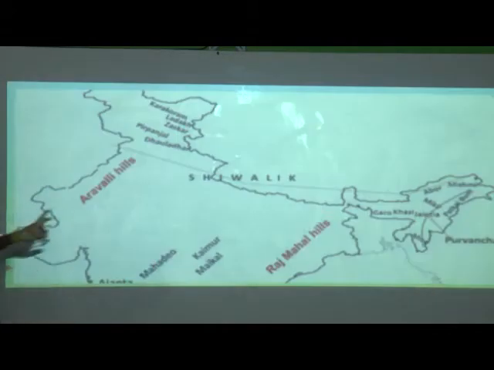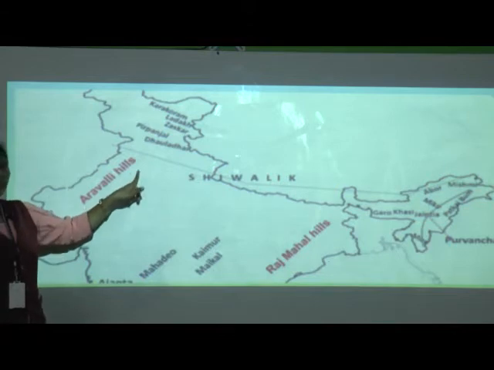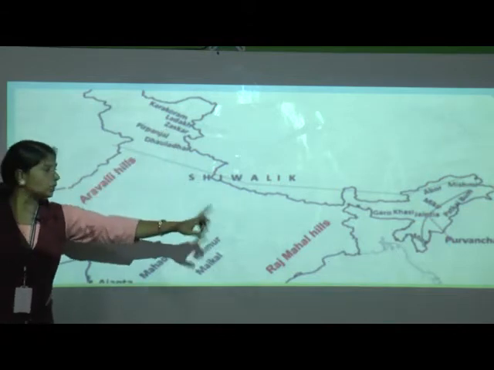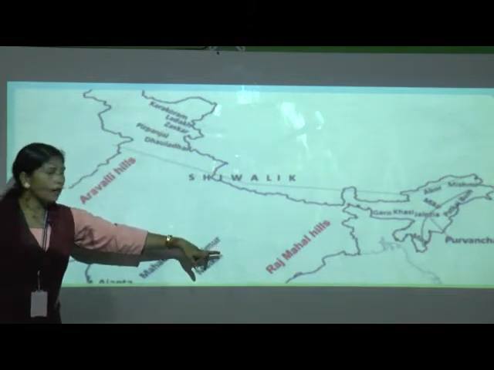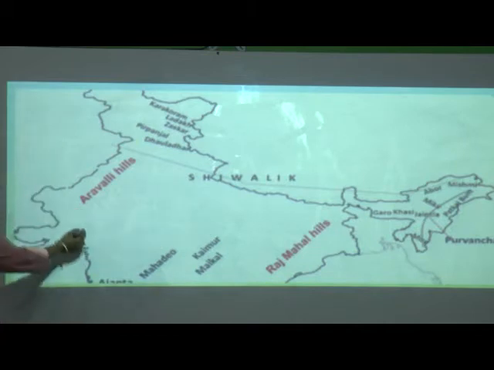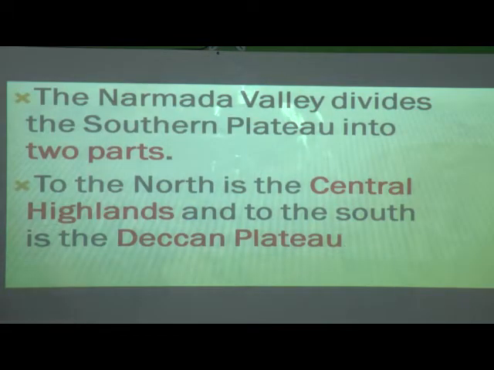Where is Aravalli? Can you see this? Aravalli is in the north west. What do we have in the north east? Rajmahal Hills. The Narmada Valley divides our Southern Plateau into two parts. What are they?